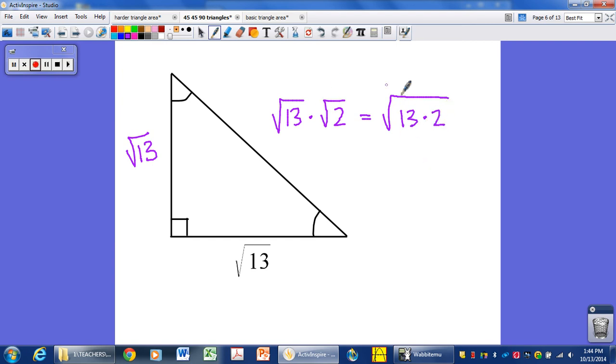These two are mathematically equivalent. So we can do this multiplication underneath our radical, and that is your answer. The square root of 26 is the length of the hypotenuse of this special 45, 45, 90 right triangle.